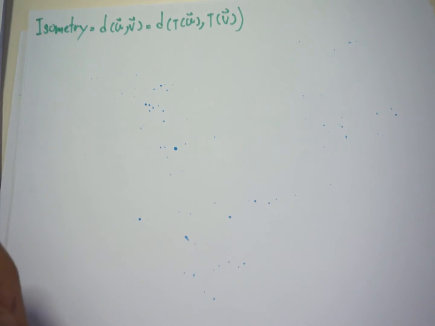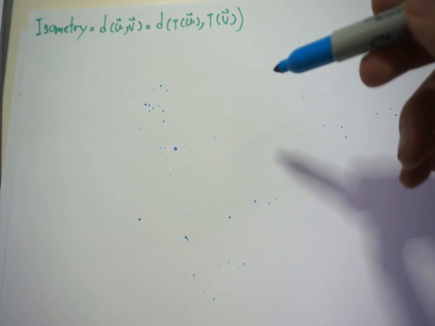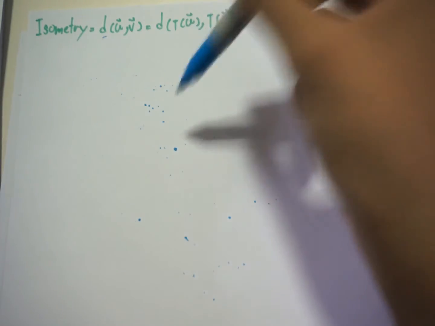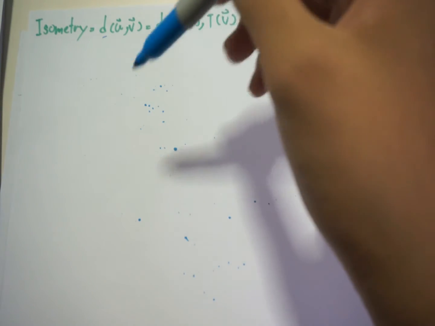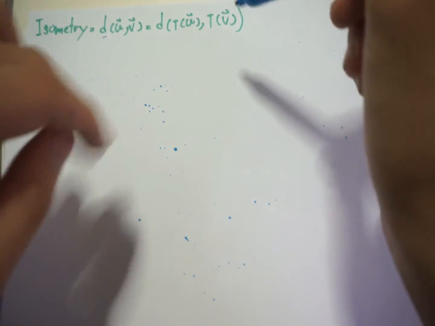Okay, now we are moving on to isometry of these questions. As you may know, the t, which is distance, we're going to try to find whether both of them are equal to each other or not.